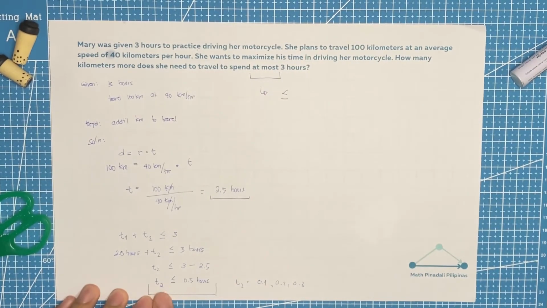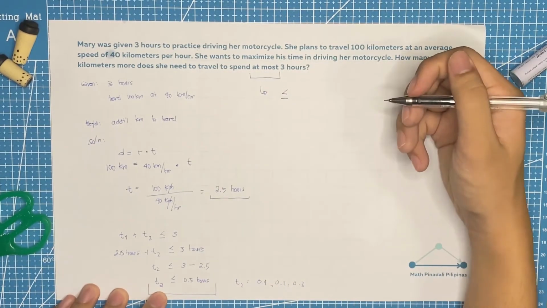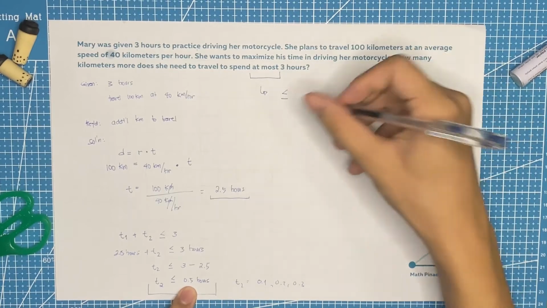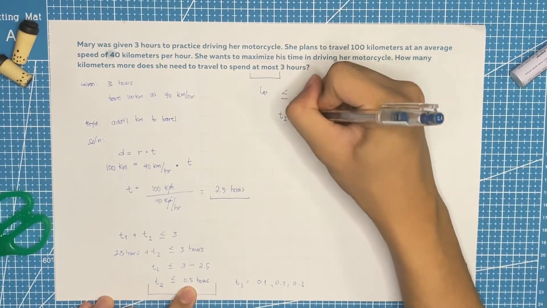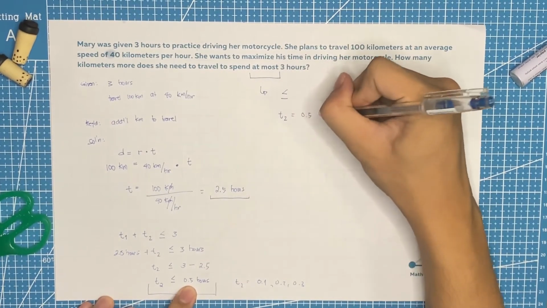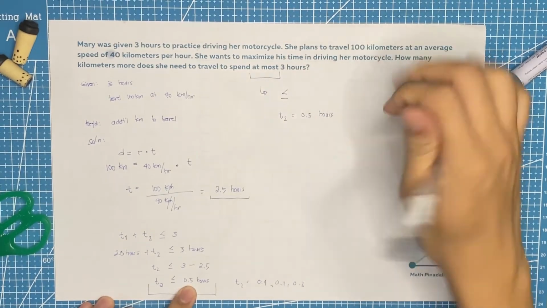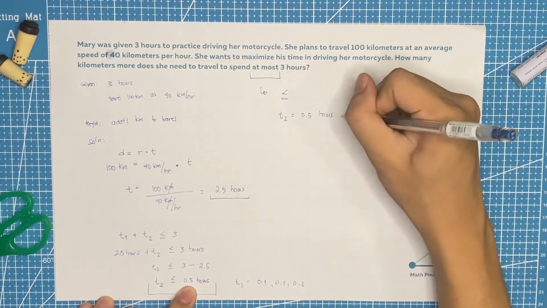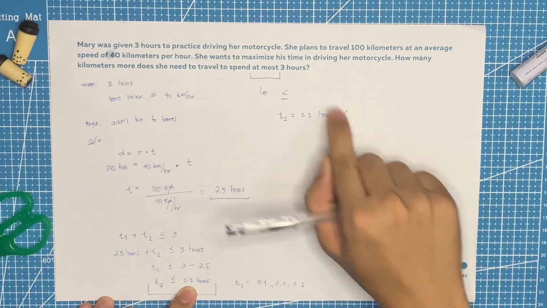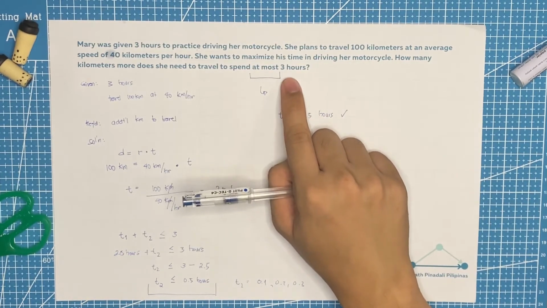Since T2 should be less than or equal to 0.5 hours, ibig sabihin, the maximum value of T2 that we can consume is 0.5. So T2 equals 0.5 hours. Ibig sabihin, she can spend an additional 0.5 hours in order to maximize the 3 hours allotted time.